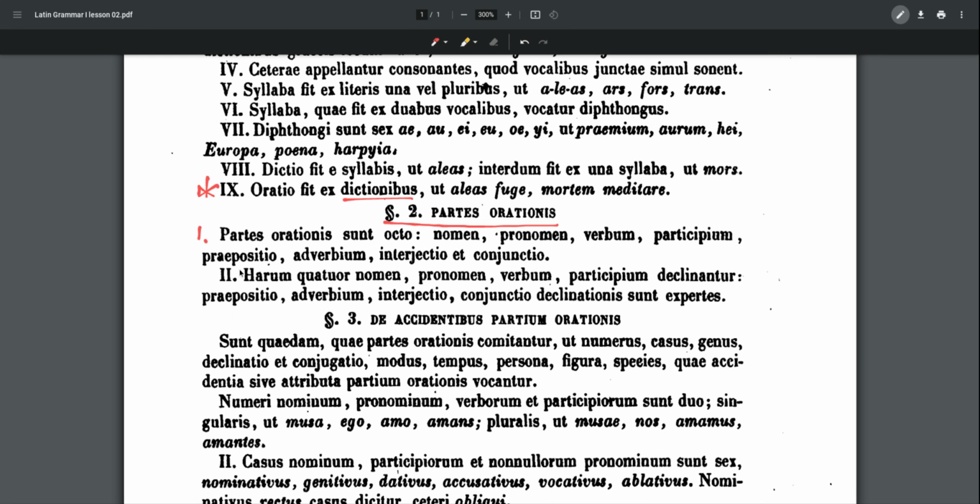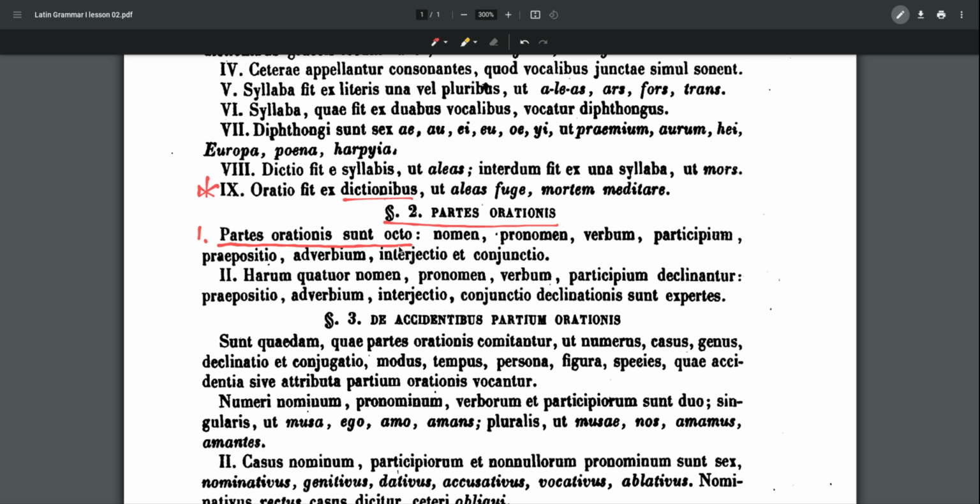Here's point number 1 in lesson 2, and here you see point number 2. Let's translate this together, and after we've translated it, we'll make some notes. We read here, Partes orationis sunt octo. That simply means the parts of speech are 8.